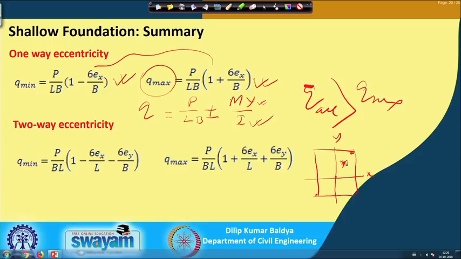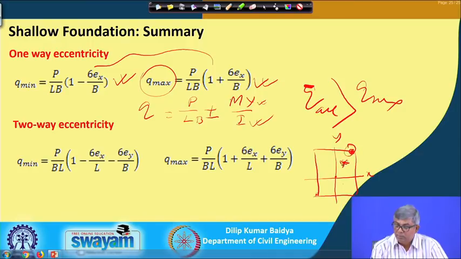Similarly, because of the loading here, the moment with respect to this axis is positive here and negative here. So, at this point, because of the load it will be compressive, because of the moment with respect to this axis positive, and because of the moment with respect to this axis positive. So, all three become positive, and it becomes heavily pressurized.